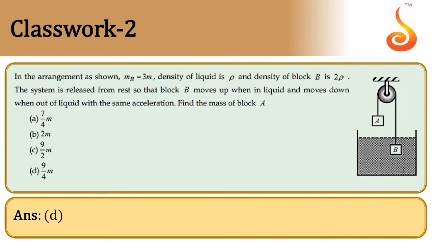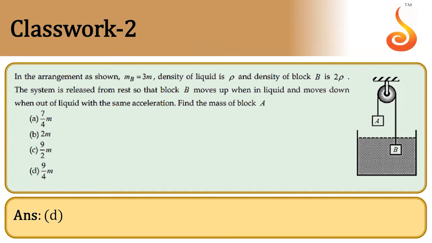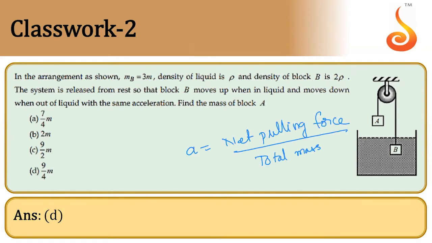So children already know this from Newton's laws of motion. Acceleration is equal to net pulling force by total mass. Here there is a formula for acceleration. When block B is inside the liquid, block B will go up and block A will come down.